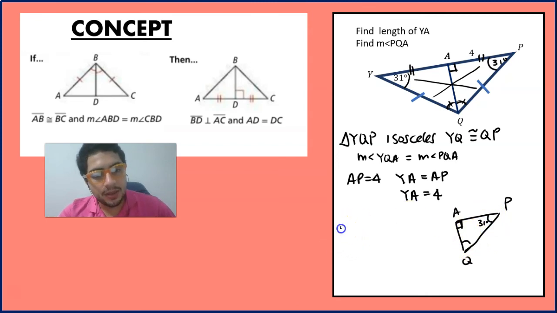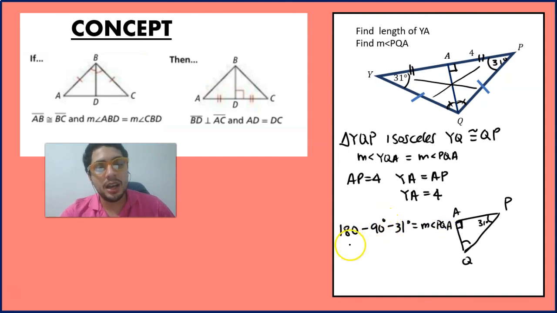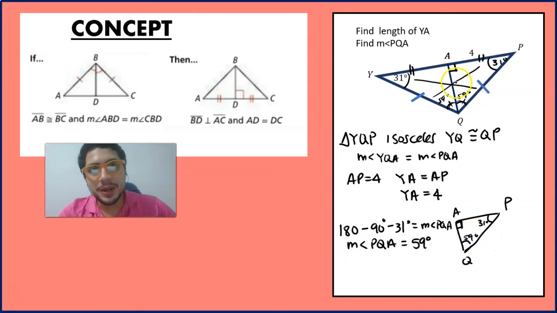So 180 minus 90 degrees minus 31 degrees is going to give us the measurement of PQA. Why? Because the measurement of all the angles inside a triangle add up to 180. So 180 minus 90 minus 31 gives us that the measurement of angle PQA is actually 59 degrees.